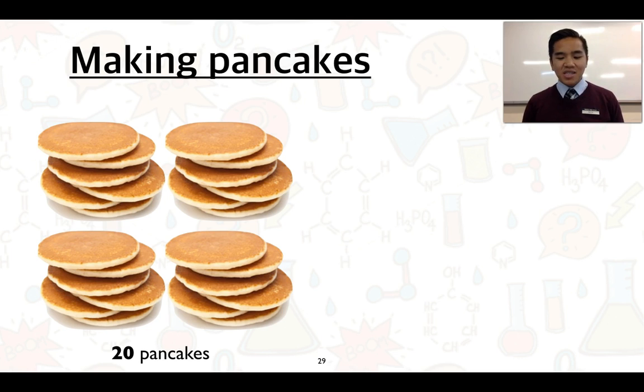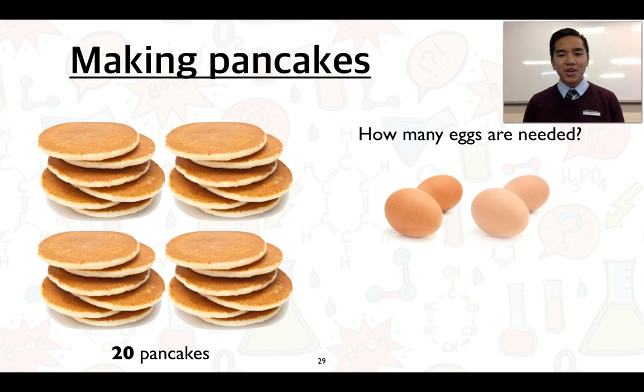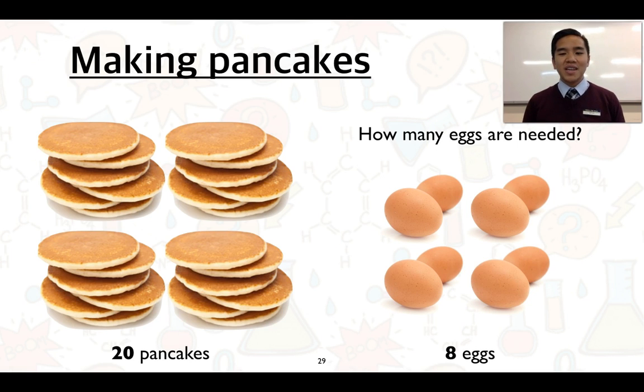So in this case, you can imagine, 4 lots of 2, which gives us 8 eggs. So here we go, we've got our 8 eggs here, and we would know that this is needed to make 20 pancakes. We could do the same thing by looking at the amount of teaspoons of baking powder, and how many cups of flour as well.